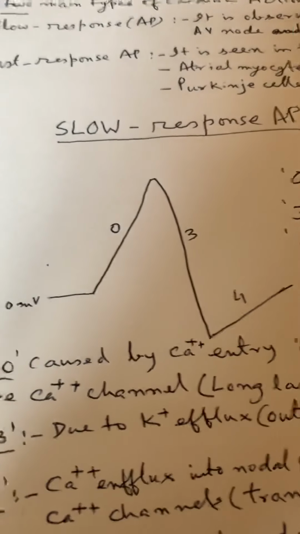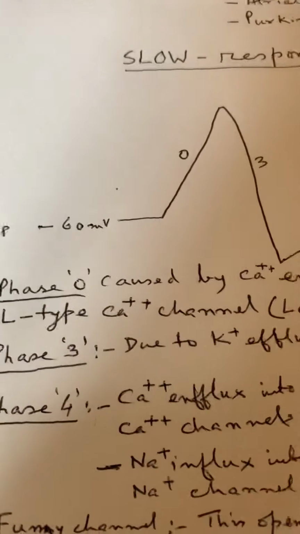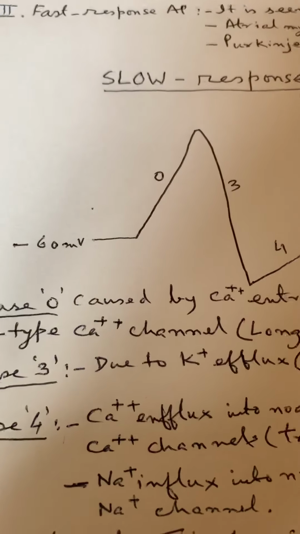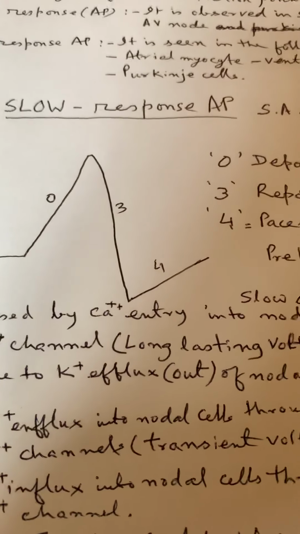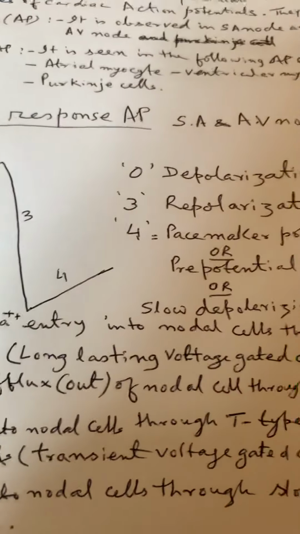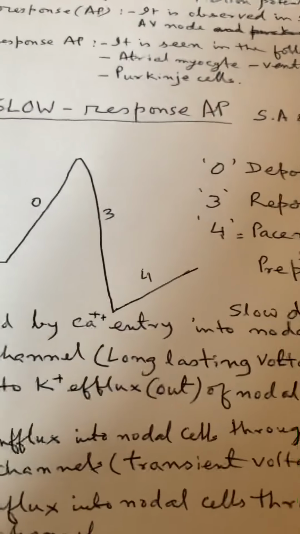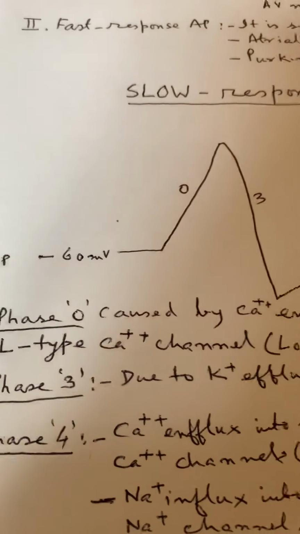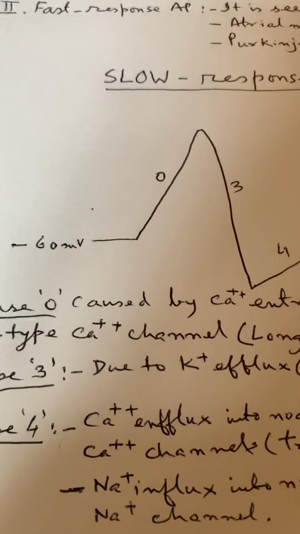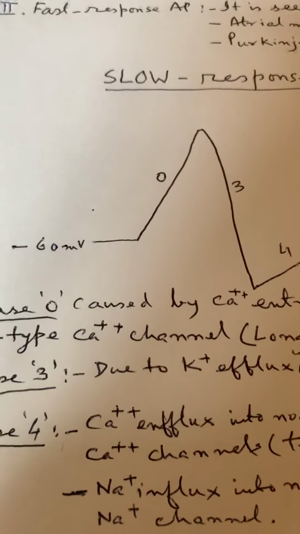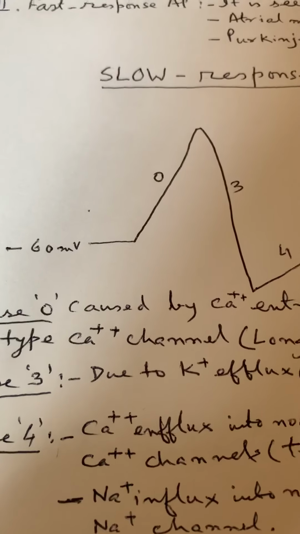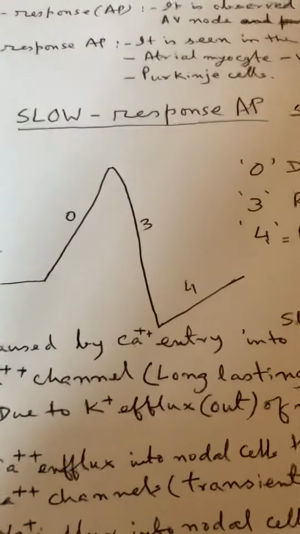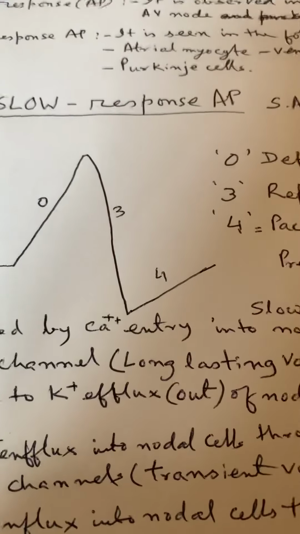Now let us see the cause of phase 0. Phase 0 is caused by calcium entry into the nodal cells through the L type calcium channel. So phase 0 is because of slow entry of calcium through the L type calcium channel. What is the L type calcium channel?